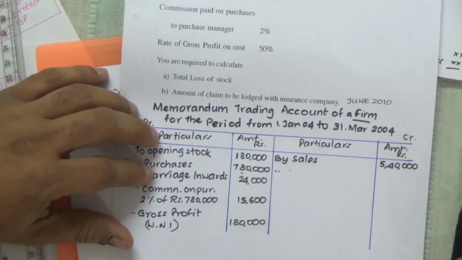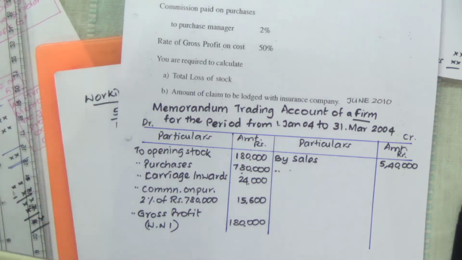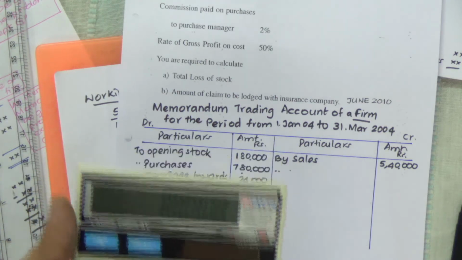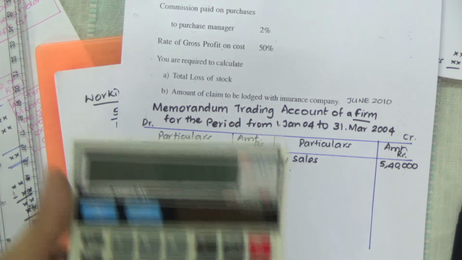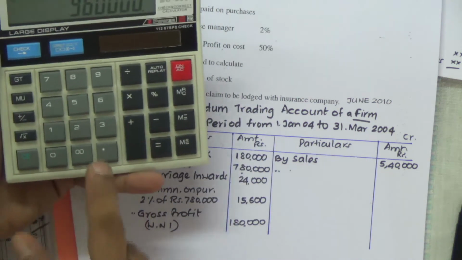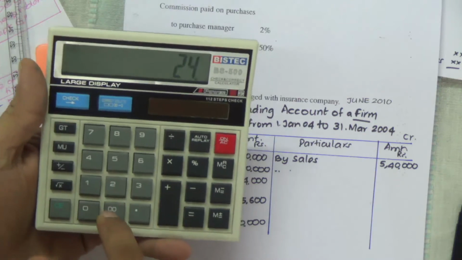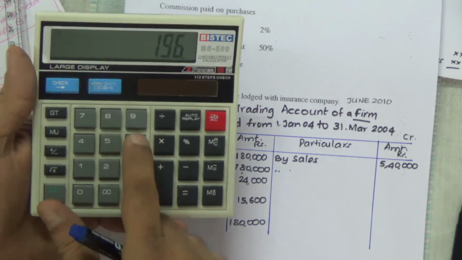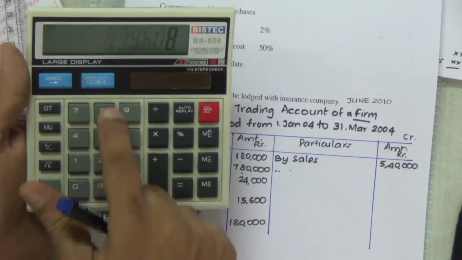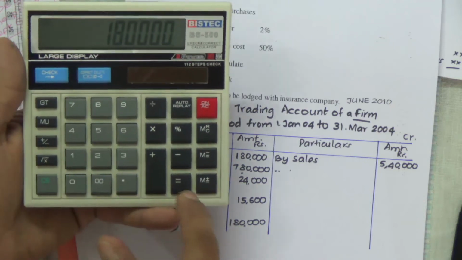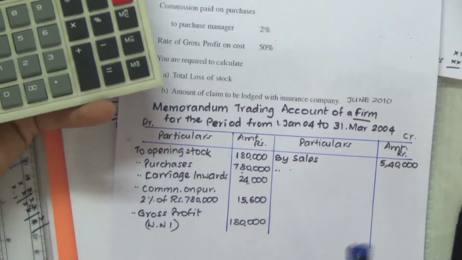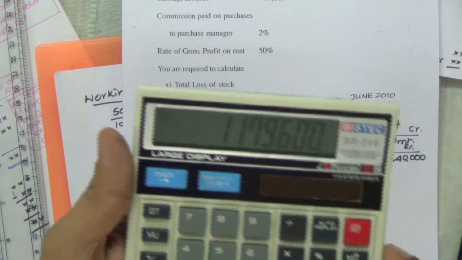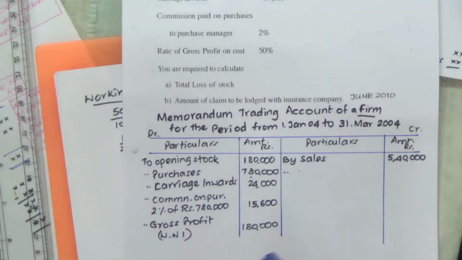The total of the debit side, if I take a total of this, will be 1,80,000 plus 7,80,000 plus 24,000 plus 15,600 plus 1,80,000. That will be 11,79,600.